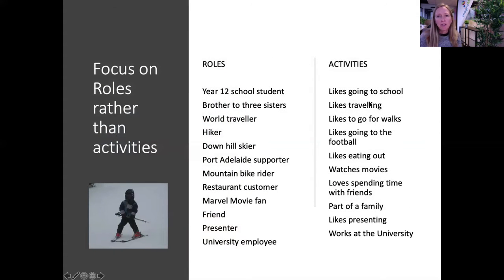So when I mentioned that we were focusing on roles today, it's really important that we start thinking in role language rather than activities. And we do that because, one, it helps us understand who the person is. Because when we talk about the things that we do, you know, I'm an executive director of Imagine More, I'm a mother, I'm a runner. Notice that they're all ending in ER words.